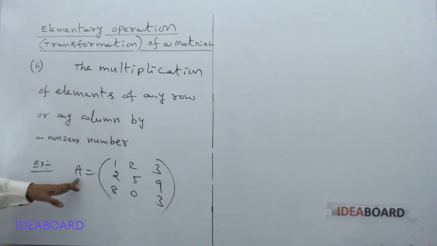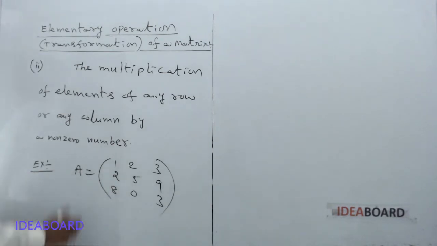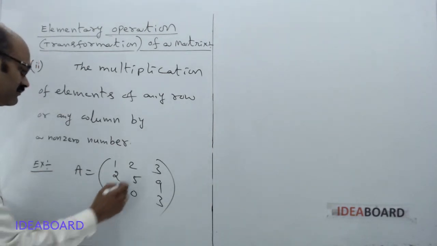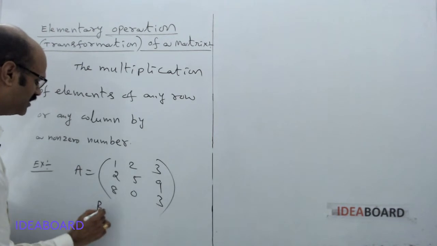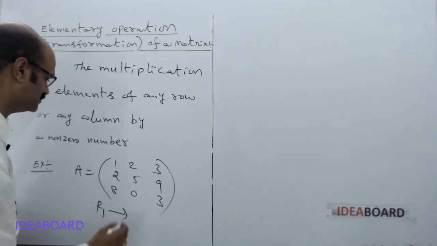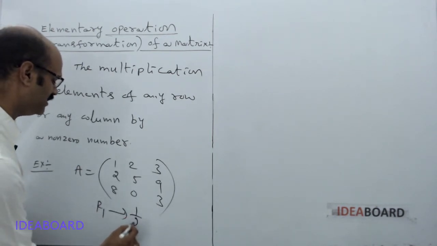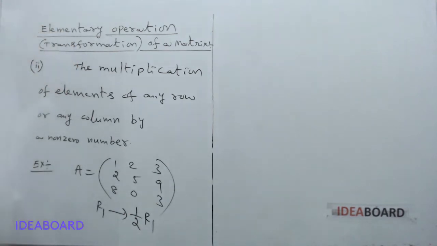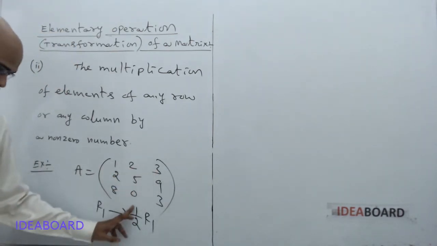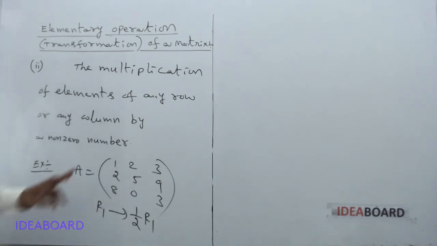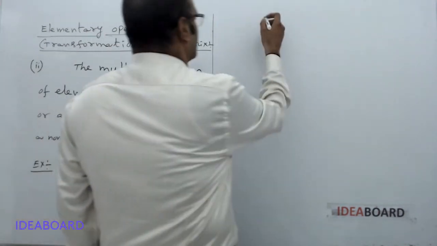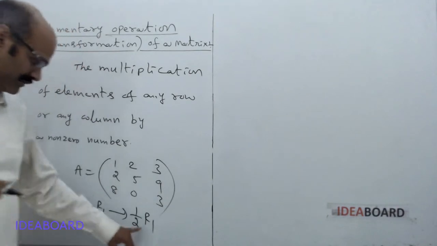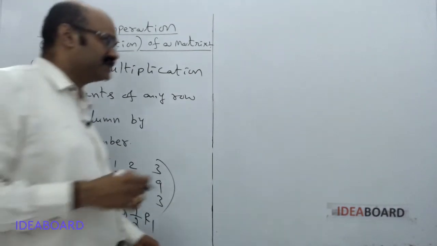Now, here you have the matrix A. You take the operation R1 implies 1 by 2 into R1. Elements of R1 are multiplied by 1 by 2 here.